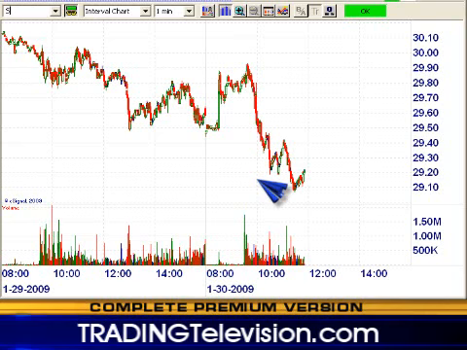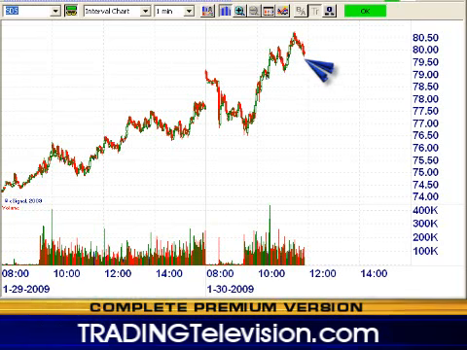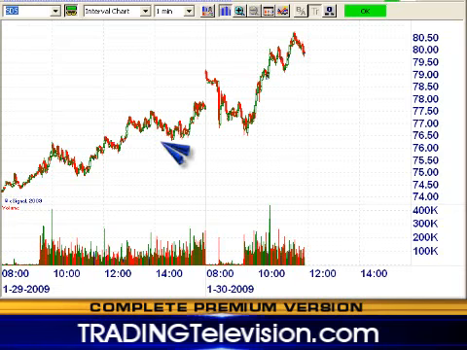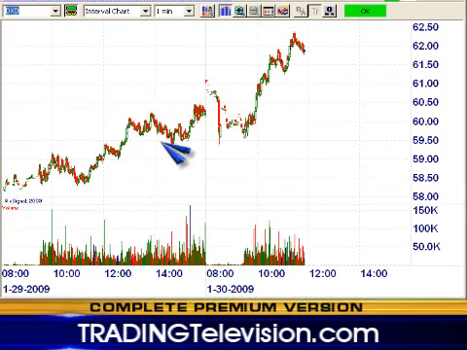And now we want to see our short ETFs continue to show a lot of red and drop, which they are. See how the SDS is starting to move down here at 79.8. Our QID likewise also dropping, and our DXD also.